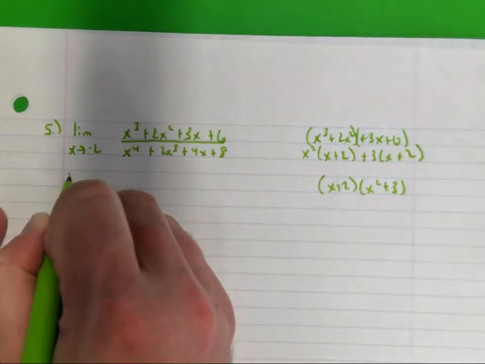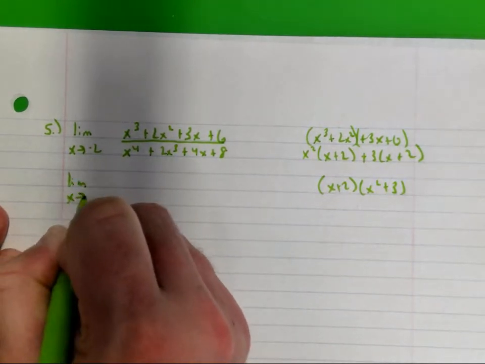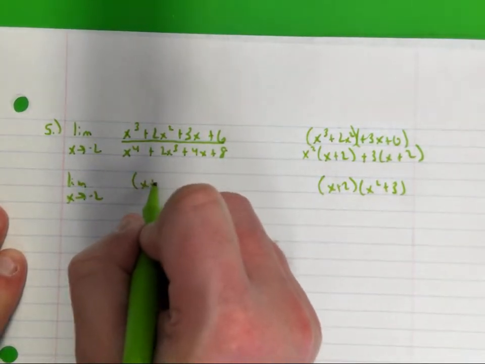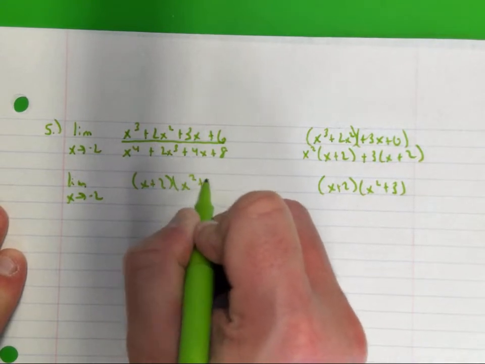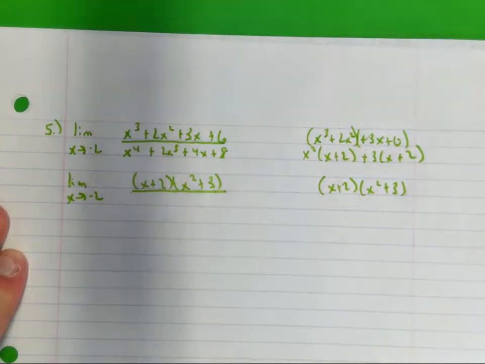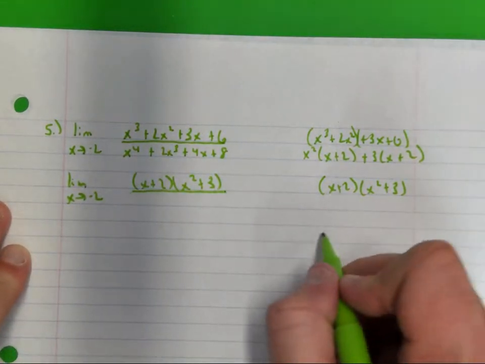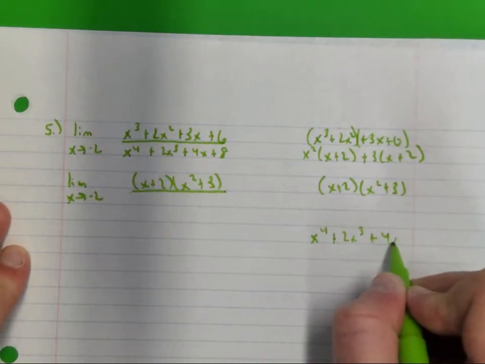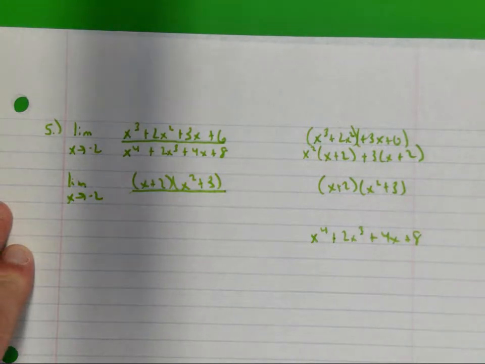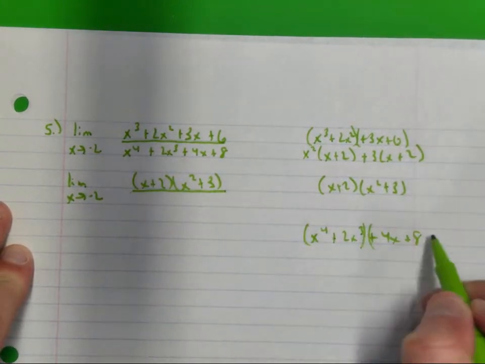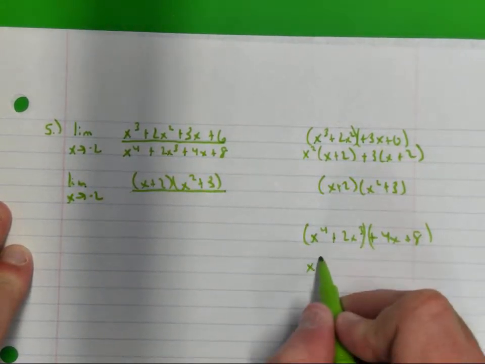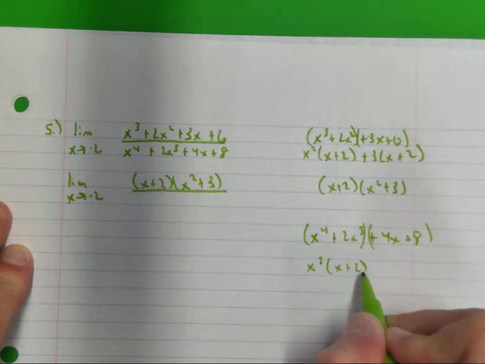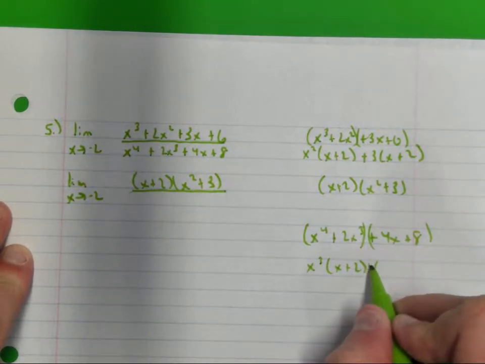That's going to go on top. Now let's look at the bottom. Take an x cubed out. Take a 4 out.